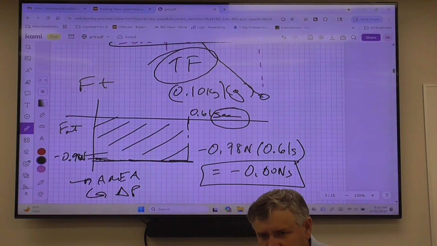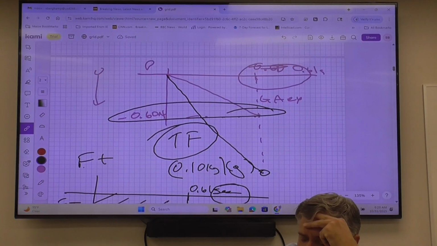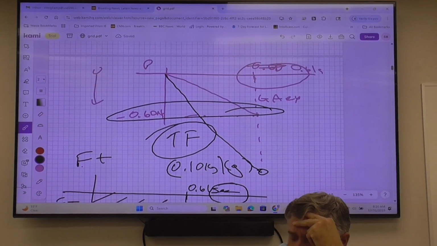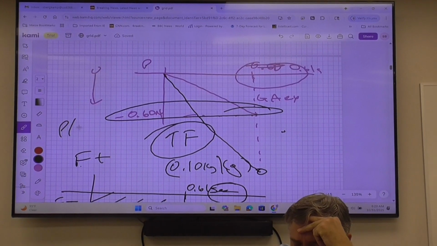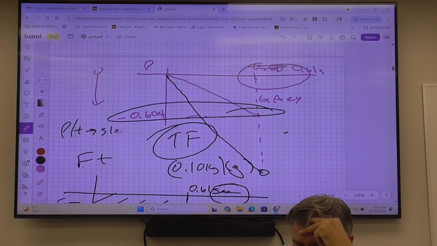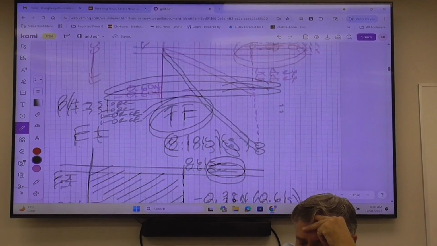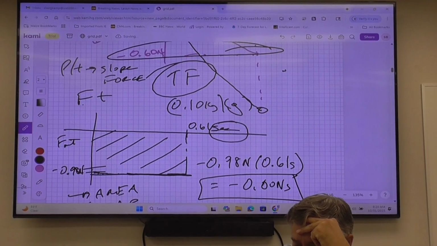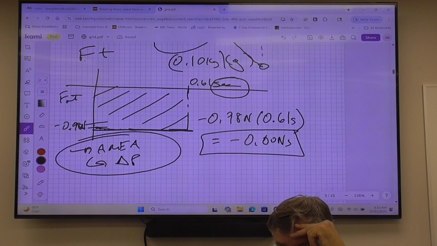And on a momentum time graph, the slope represents force. But if you have a net force versus time graph, the area represents the change in the momentum.